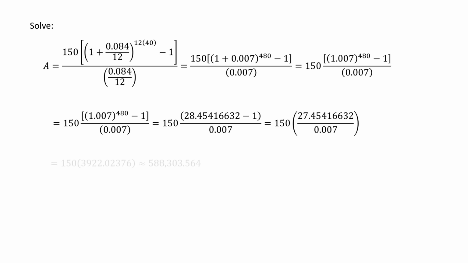Continue to use your calculator, and you will get 150 times the quotient, which is 3922.02376. Multiply those two numbers together in your calculator, and it's approximately $588,303.564.